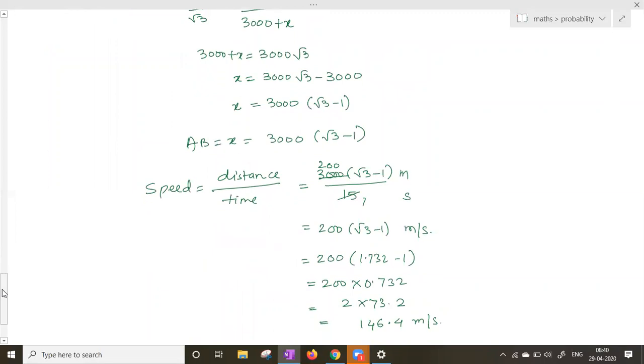Then solve the next question. 64th one, exactly the same question.